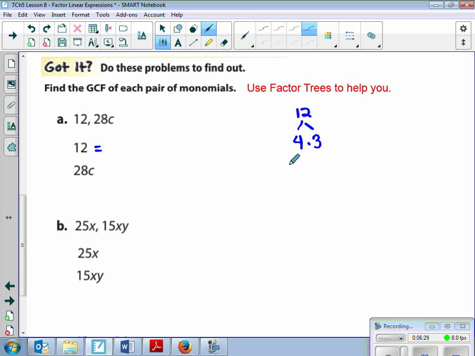And then this can be broken down to 2 times 2, and then we bring down the 3. So our prime factors for 12 are 2 times 2 times 3. For 28, when we break those down, we can do 4 times 7. And of course, the 4 gets broken down to 2 times 2, and then we bring down the 7.